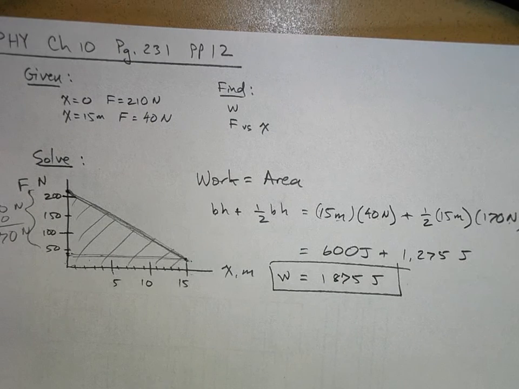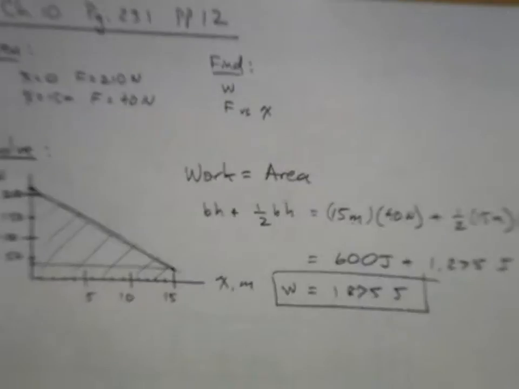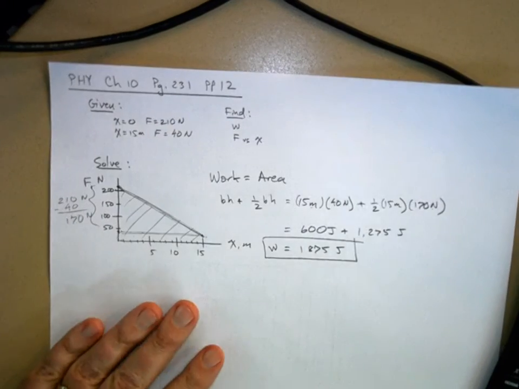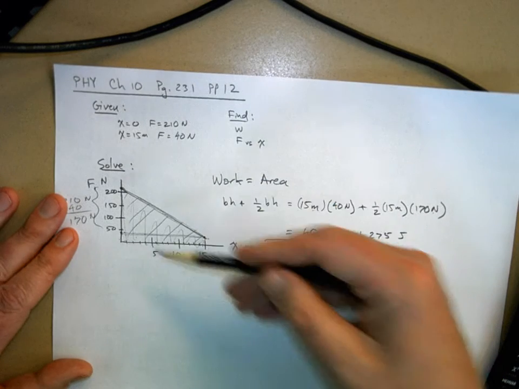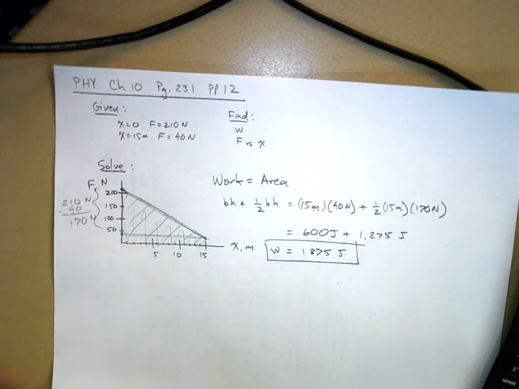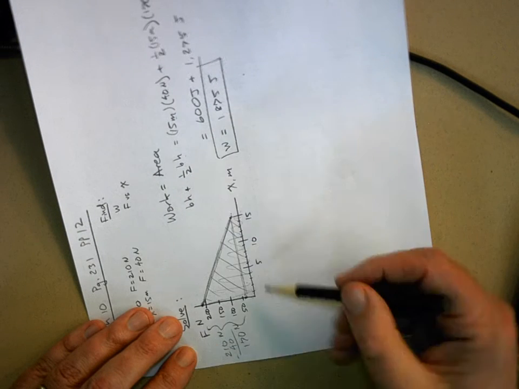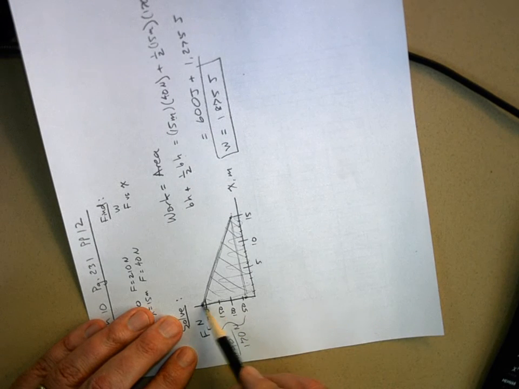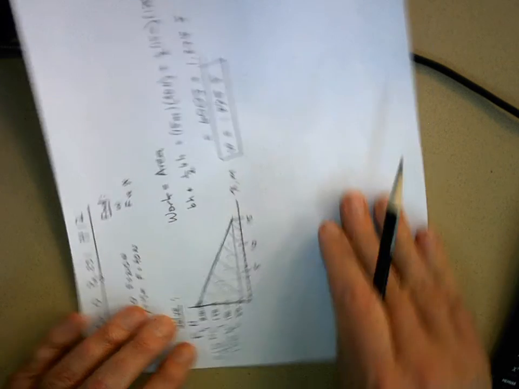There's another way of doing it. Some people did it this way. They said, hey, this is a trapezoid. So it's on its side. So you can say the average base times the height. If you turn this on its side, this base is 210 newtons. This base is 40 newtons.